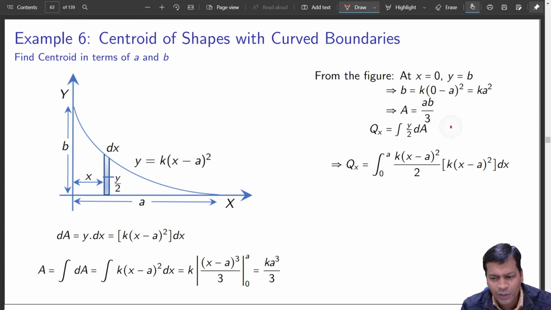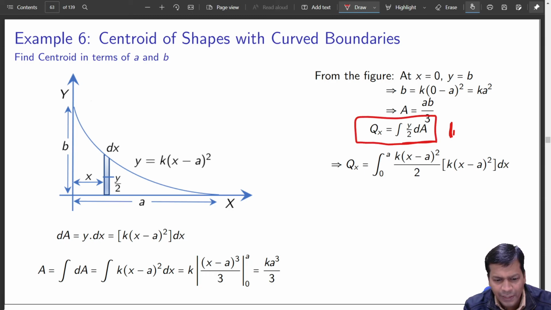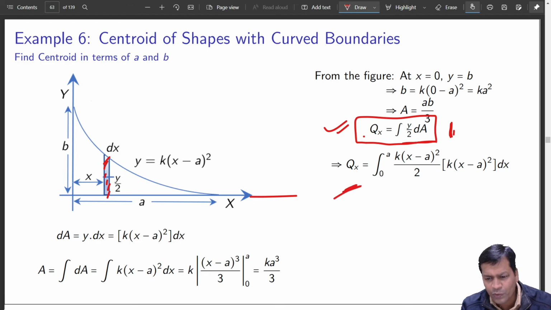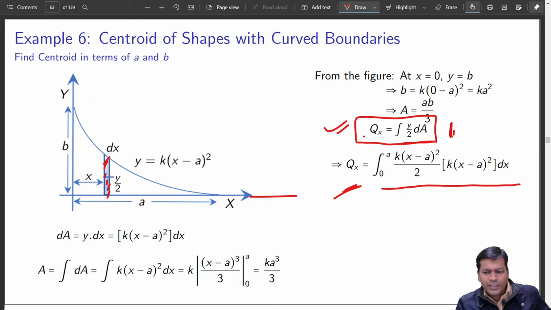Again Qx will be equal to y by 2 times dA. Hope you got this. Qx I am talking about. This is the elemental strip area dA. So this is the moment of area about the x axis this time. So y by 2 times dA. So Qx is also equal to this. Now how has this come?